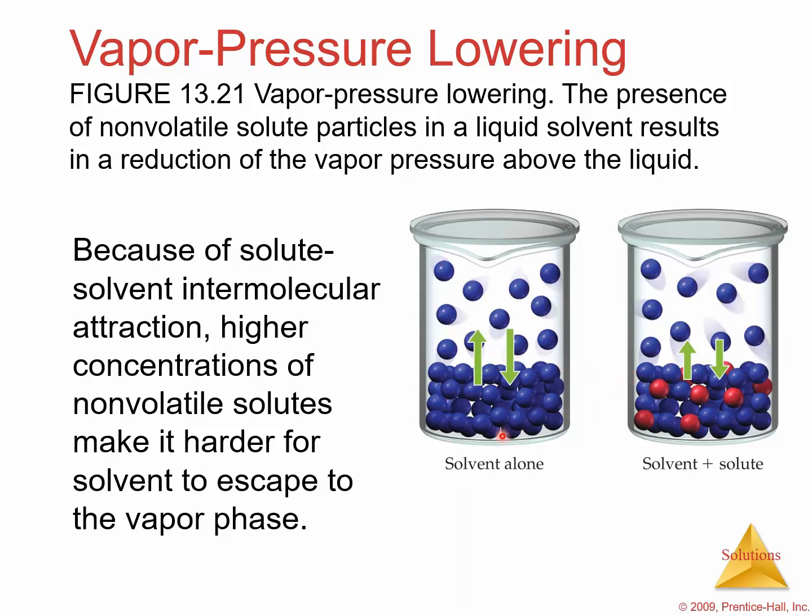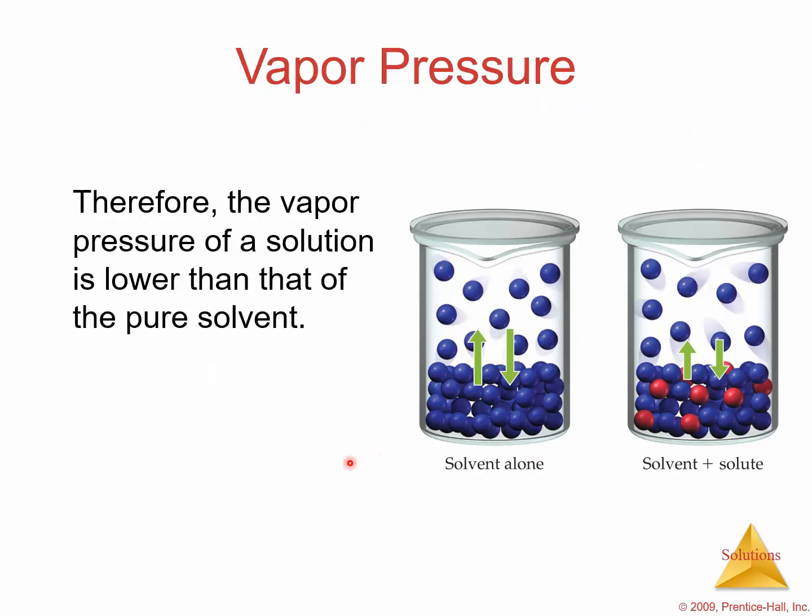The extent to which the non-volatile solute lowers the vapor pressure is proportional to its concentration, and this relationship is expressed by the so-called Raoult's law. Again, the vapor pressure of a solution is lower than that of a pure solvent.